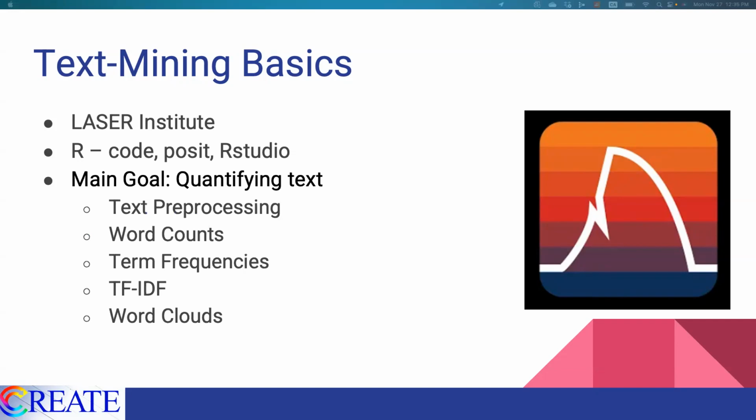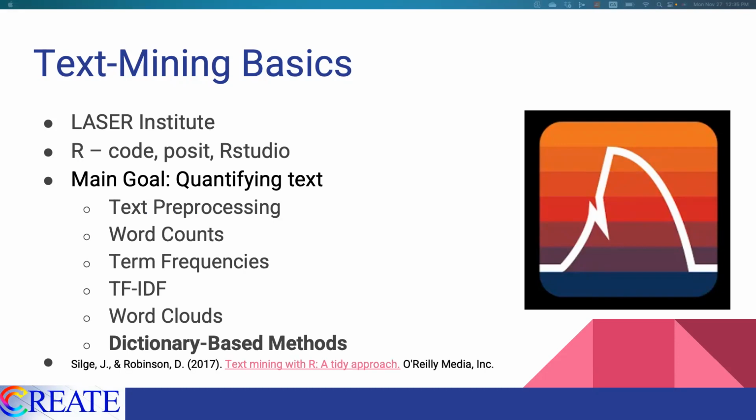But it was the basis for what we're doing moving forward. Today we're going to talk about dictionary-based methods, specifically sentiment analysis. A key resource, and this book is available online for free, which is amazing, is Text Mining with R: A Tidy Approach.